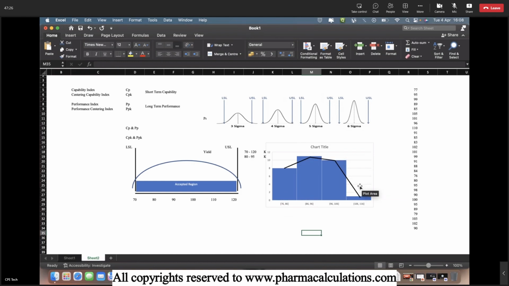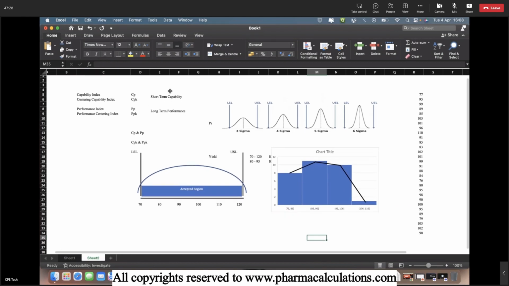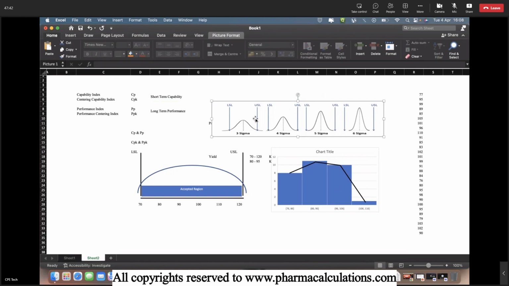And one more thing that I have missed to add about CP-CPK and PP-PPK is when to use them. There will be certain conditions.